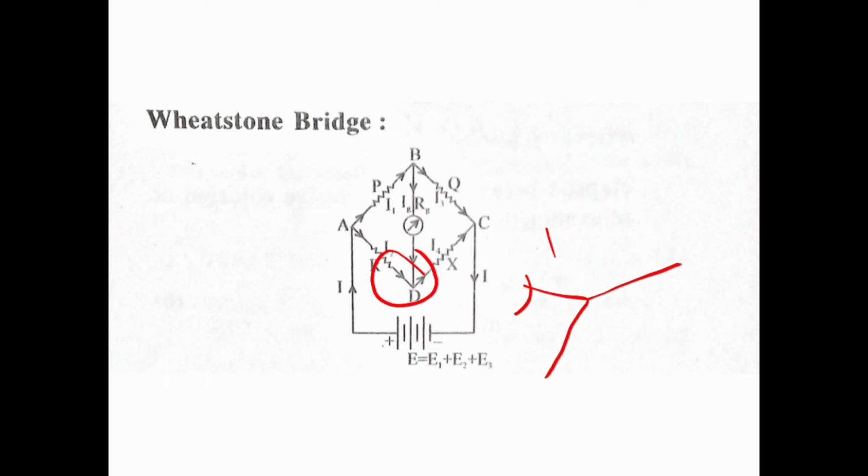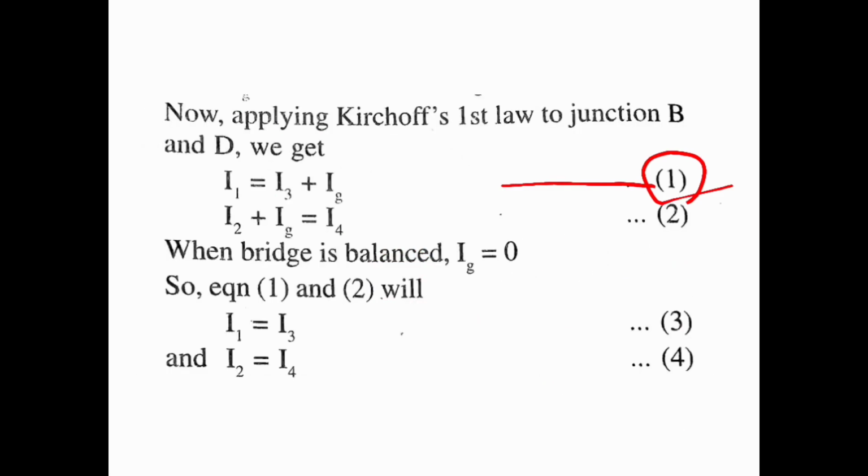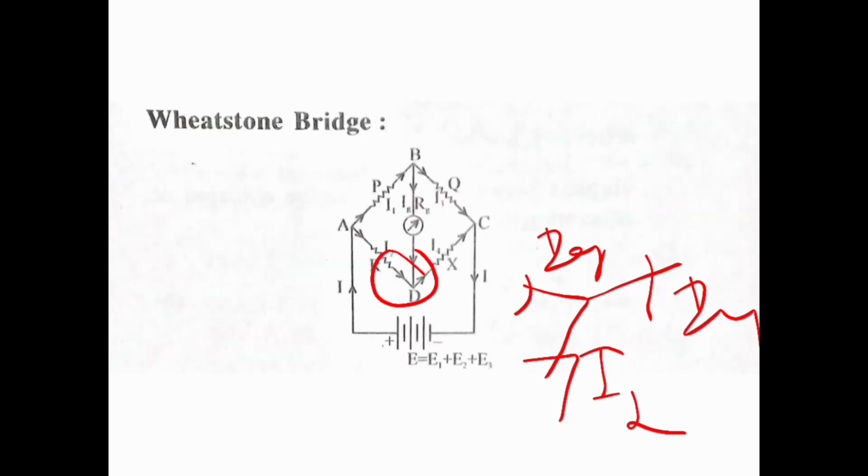This is IG, this is I2, this is I4. So the condition is I2 plus IG is equal to I4. This is the second condition.